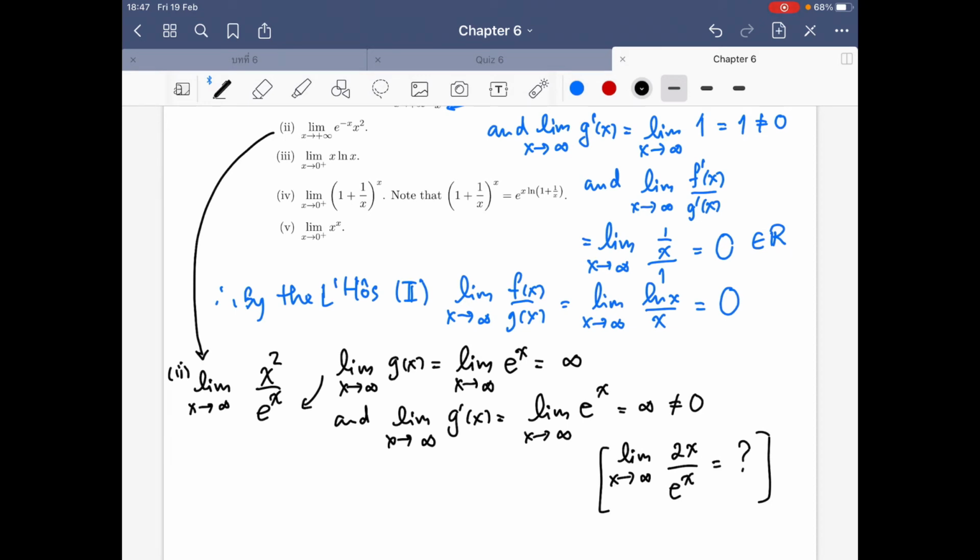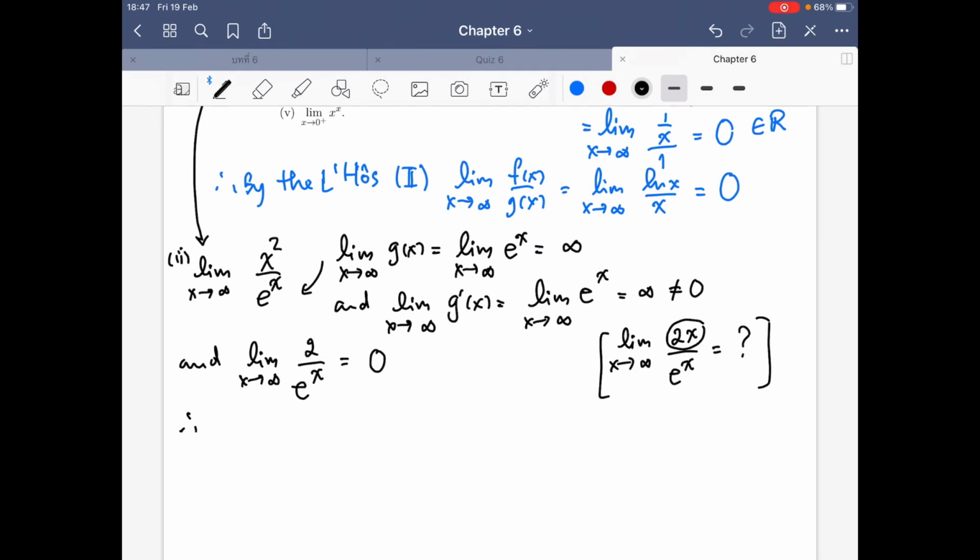So you may need to apply L'Hopital's rule twice. What you know is that the limit as x goes to infinity of 2 over e to the x, where the 2 is the second derivative of your f, goes to 0.